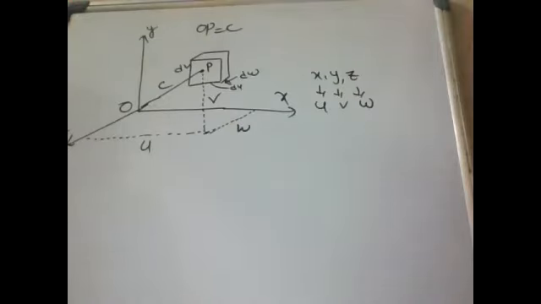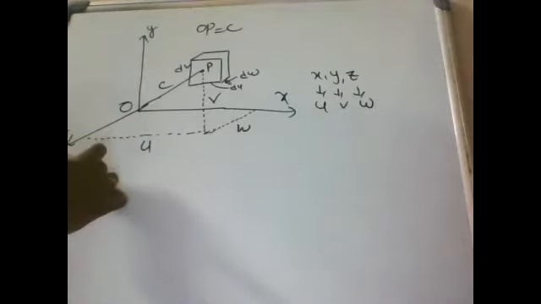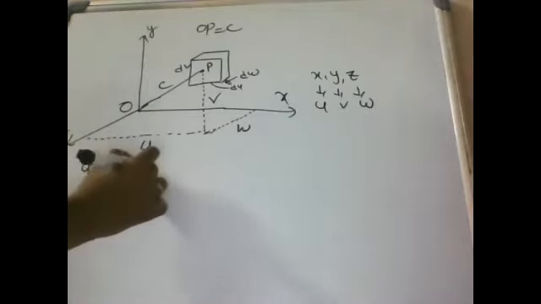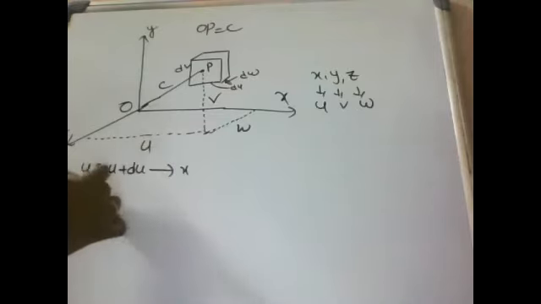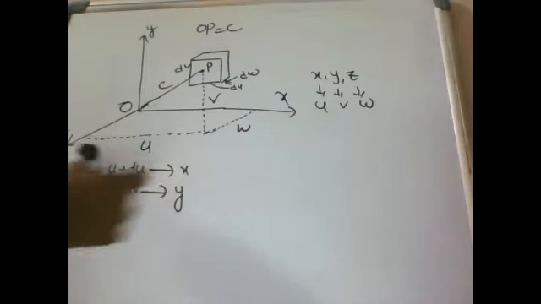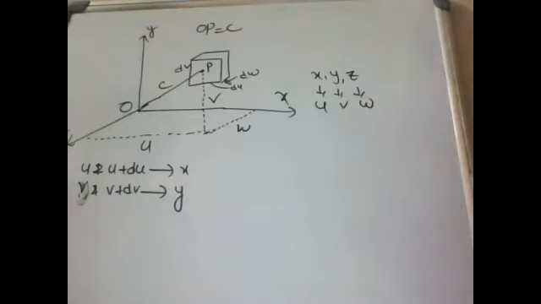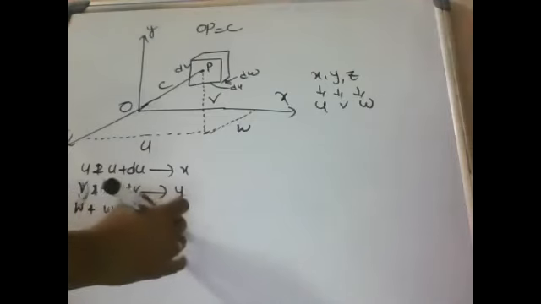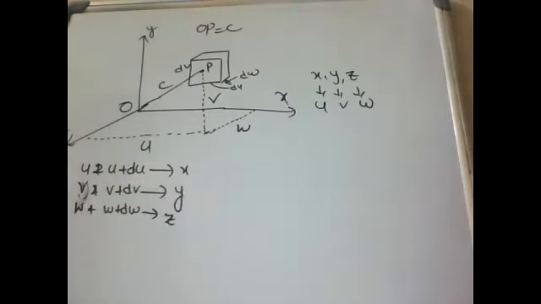Next, the molecule's velocity components with respect to the OX, OY, OZ directions range from u to u plus du along the x direction, v to v plus dv along the y direction, and w to w plus dw along the z direction.